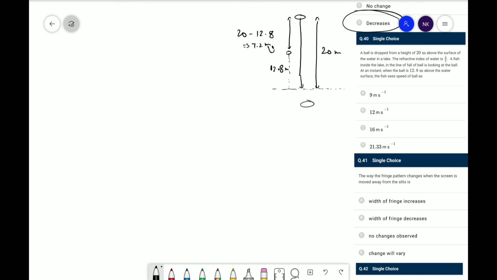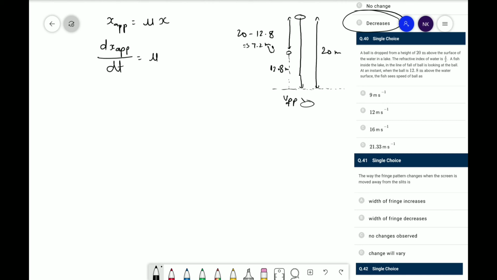Suppose here is the fish looking at the ball; the speed of the ball it sees is known as the apparent speed. We know the relation for distance: x apparent is equal to the refractive index times the actual distance. But here we have to calculate speed, so we differentiate both sides with respect to t.